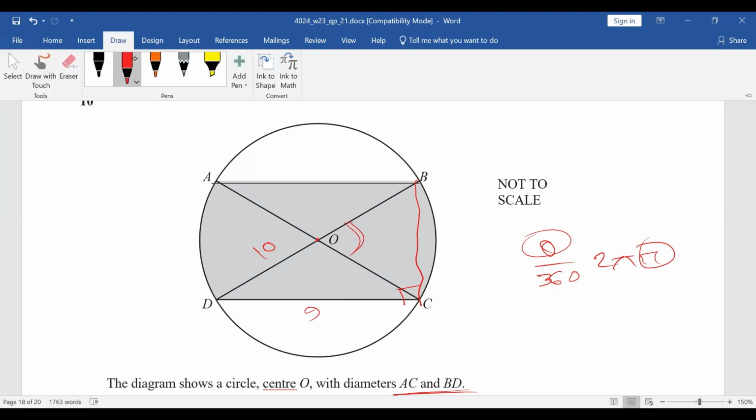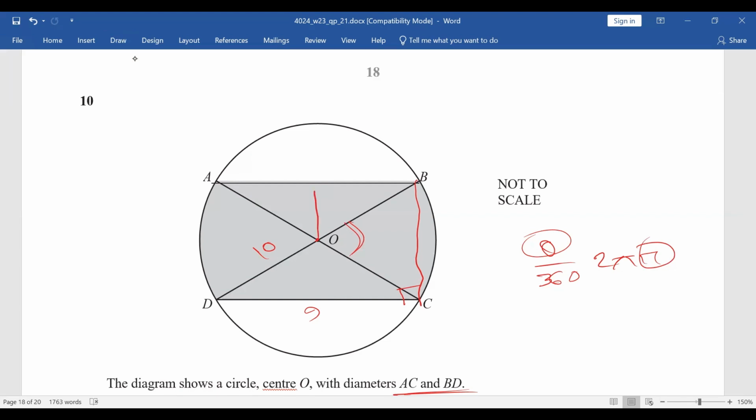If we draw a perpendicular line like this, let's say this point is E. OE is perpendicular to AB. So in triangle OEB, we can find this angle O. How? Because we know that BE is half of 9 centimeter, because E will be the midpoint of AB.